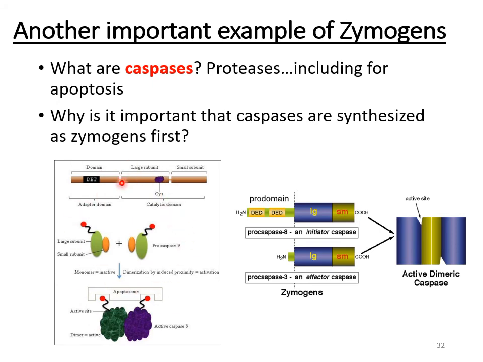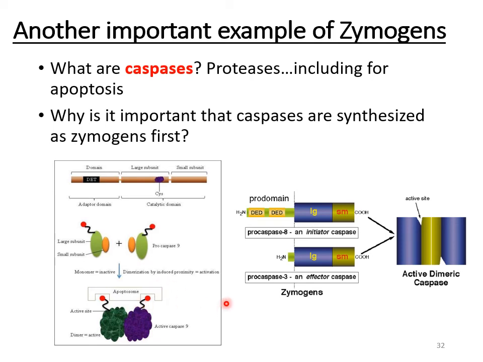They're synthesized as inactive, and in this case, dimerization puts them into their active form. So it's not like the previous slide where you saw cleavage putting them in the active form. For caspases, it's dimerization, linking the subunits together, that makes them active.